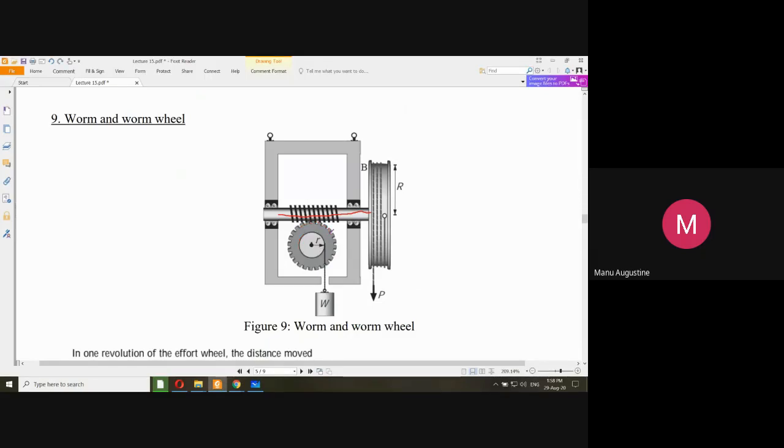Okay. And now, small r is not the radius of the gear. The radius of the gear will be the mean diameter up to the teeth. That is not what we are considering. We are considering the part where the rope of the load is circulated. This is where the rope of the load is looped around this pulley. So we are concerned with the radius of this attached pulley only.